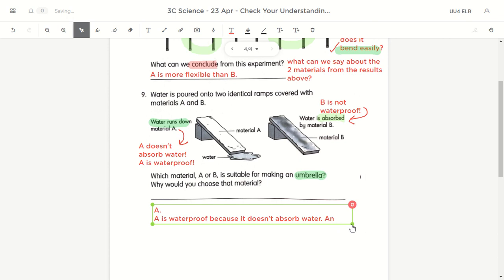We all know an umbrella needs to be waterproof, but why? So let's explain. An umbrella needs to be waterproof because you need to shield yourself against the rain. If not, the rain will get to you.